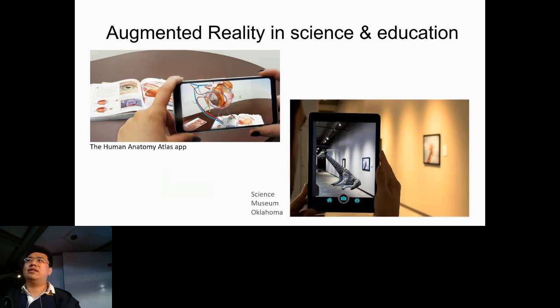This technology is indeed widely used at the intersection between science and education. For example, a medical student can use an AR application to discover the structures of our body, and a visitor can use an AR application to interact with a giraffe in a science museum.